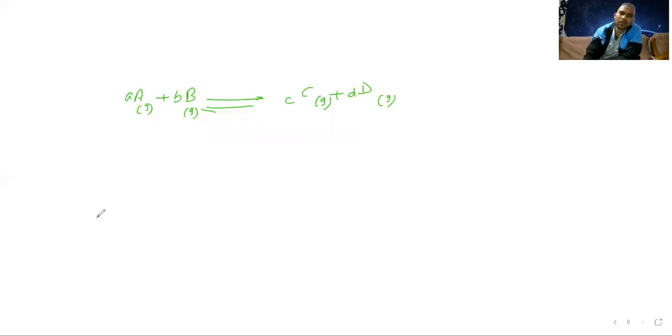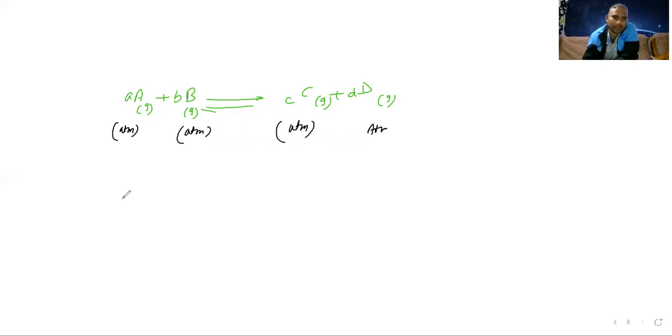Now see the meaning of this. a moles of A plus b moles of B reversibly give c moles of C plus d moles of D. All of these are gases. The partial pressure of each component is given in atm.